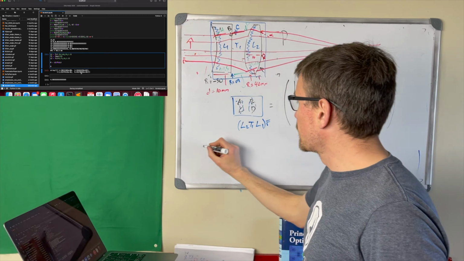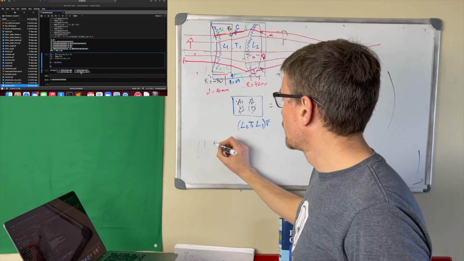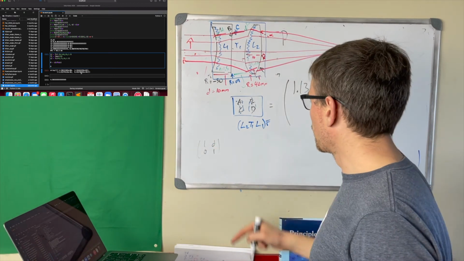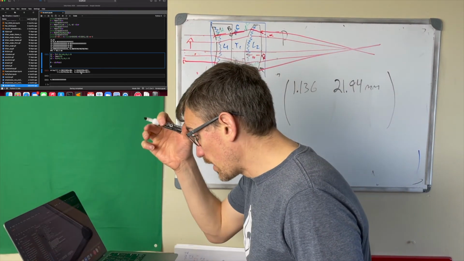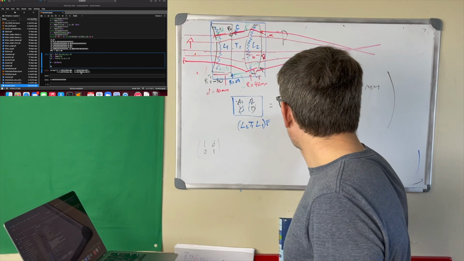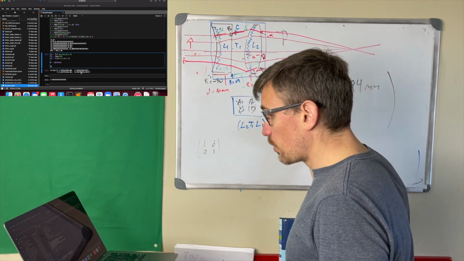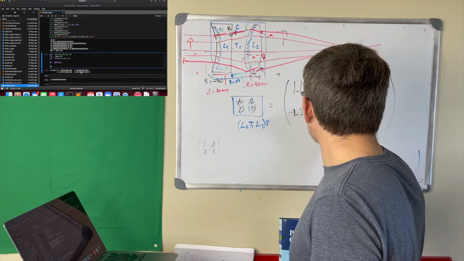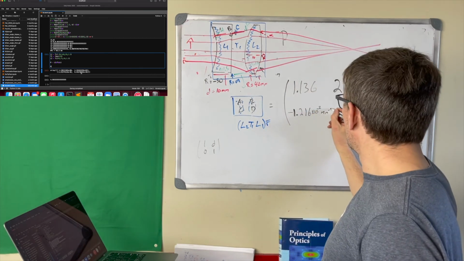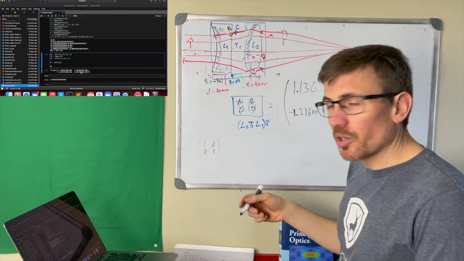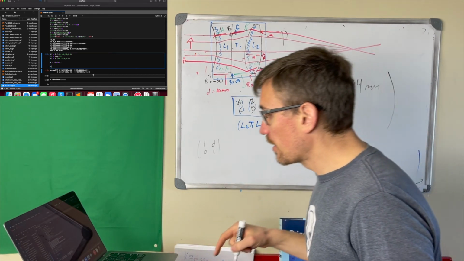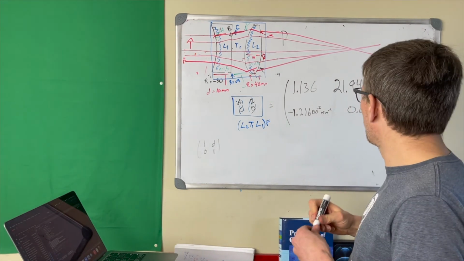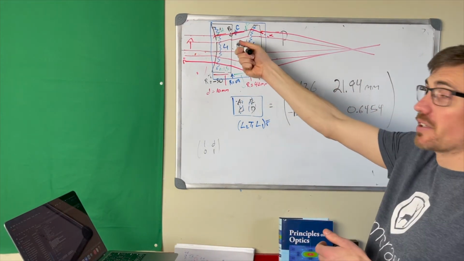If we look at these matrices, for example, the translation matrix, these are unitless quantities, but D here is in units of length. So down here we have negative 1.2157, so 216 times 10 to the minus 2 per millimeter. These multiplications have to work to give us the right units. And we have 0.645, the same number of significant figures.